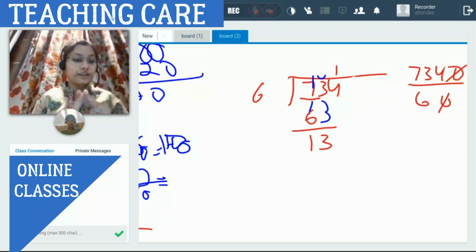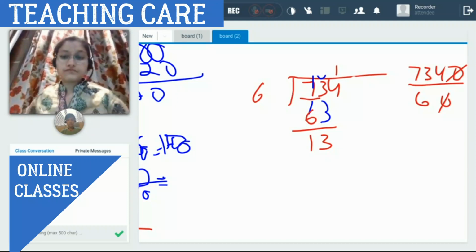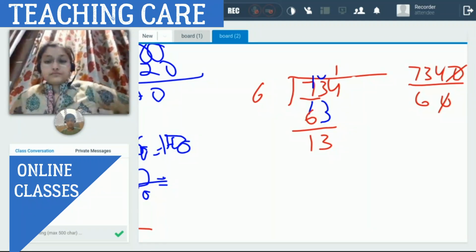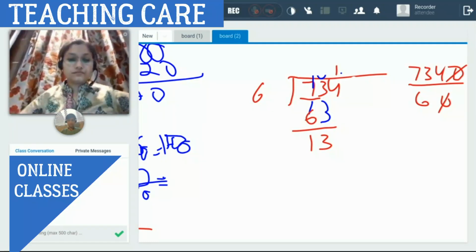In the last one, I had taken the 2 together because the first number was less than 6. There is no point here. Point is only when we are short of numbers.